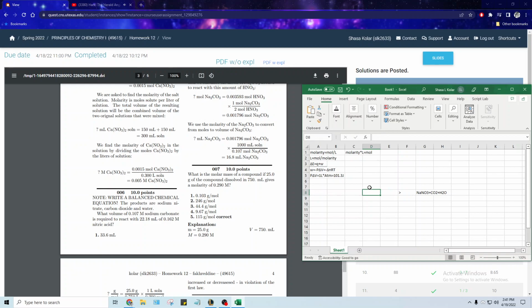Sodium carbonate, so that's Na2CO3, plus nitric acid, that's HNO3, yeah? Yeah.